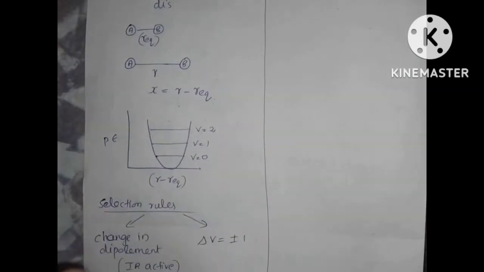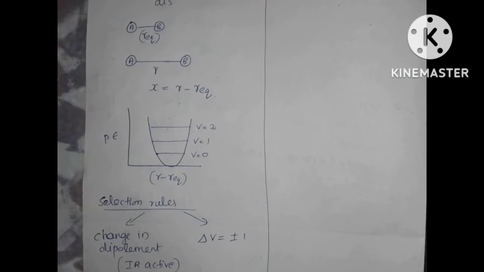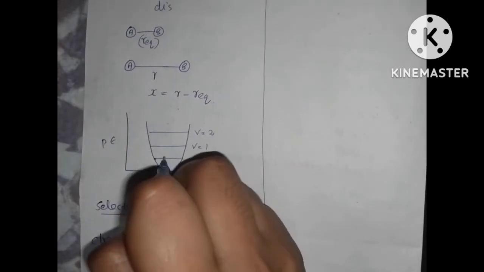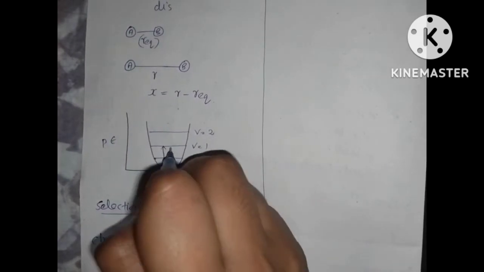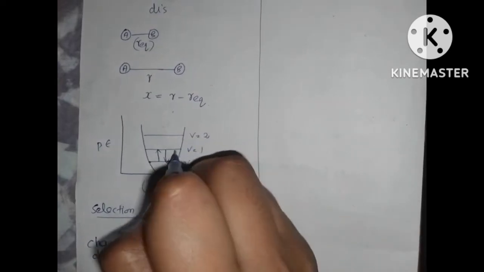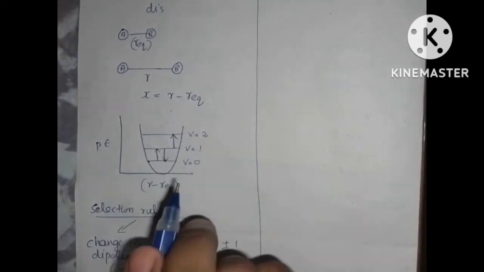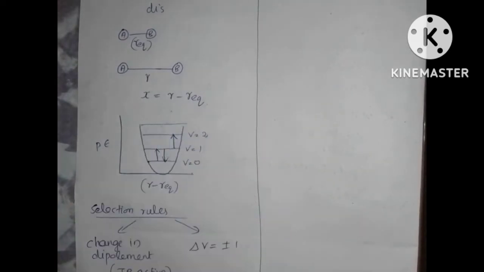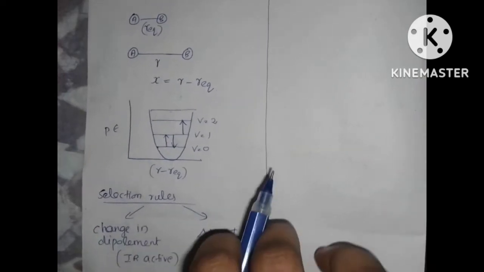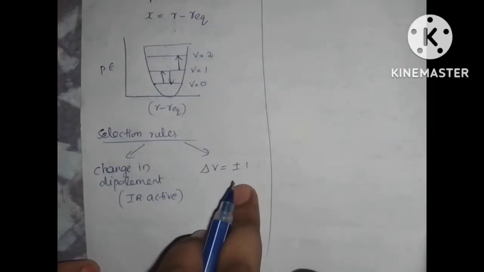That means only transitions showing a 1 unit difference in vibrational quantum number are allowed. From 0 to 1 is possible, and 1 to 0 is also possible. From 1 only to 2 is possible, not to 3. So this is indicated by the selection rules.